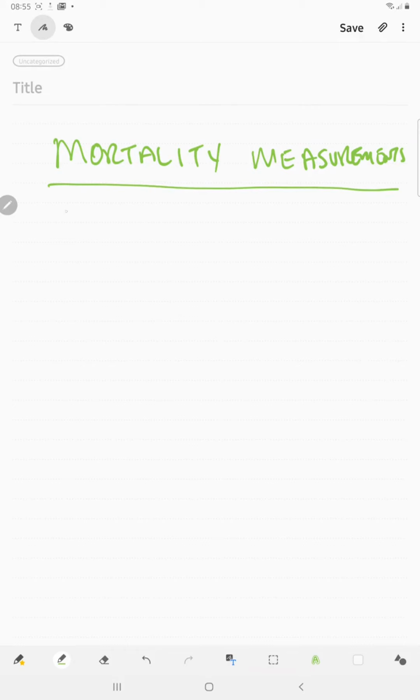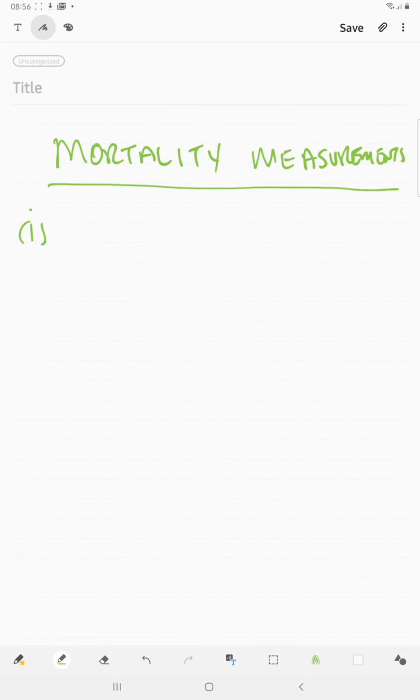This morning we are going to look at the mortality measures. Last time we were discussing fertility, so this time we are going to look at mortality measures. Number one, mortality. It measures the deaths that people or the country can actually have.